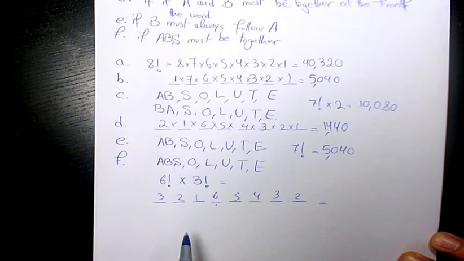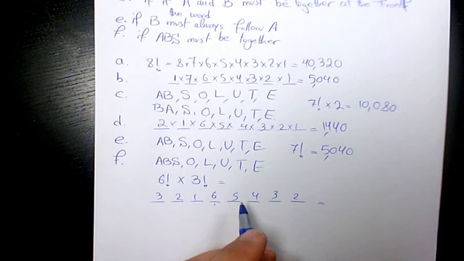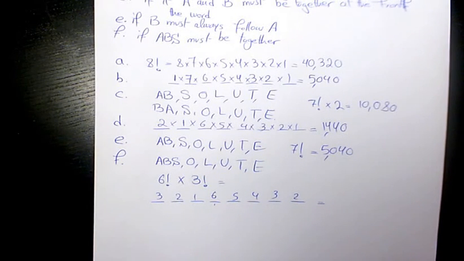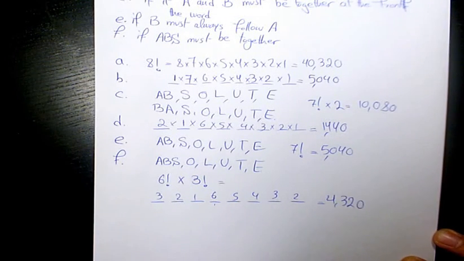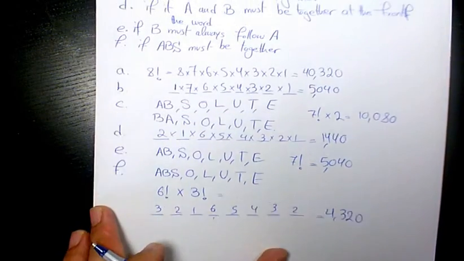So the answer to this part is 6 factorial times 3 factorial, which is 4,320 different ways. So this is the final answer.